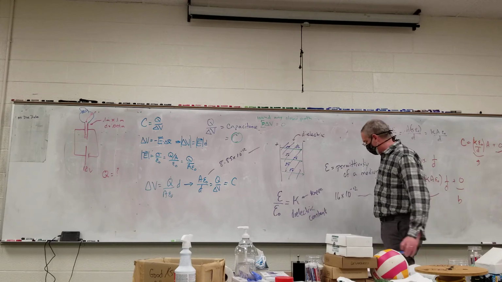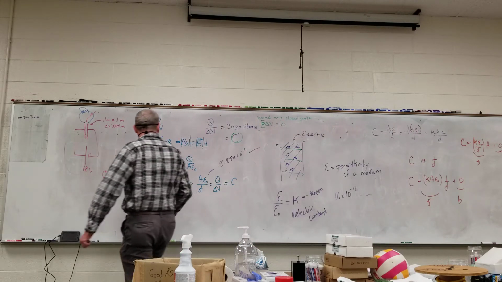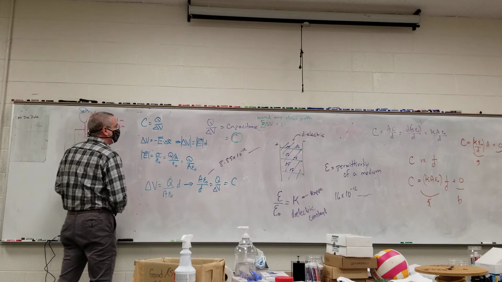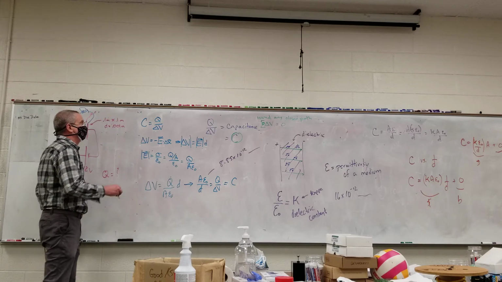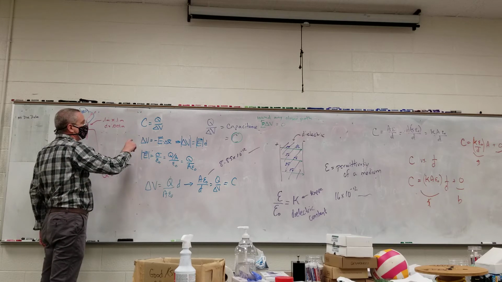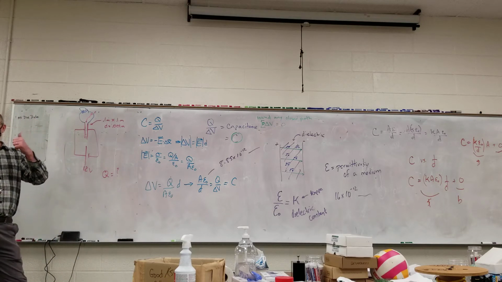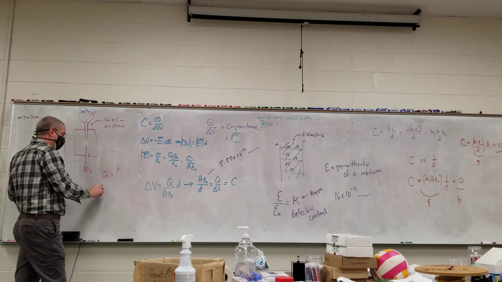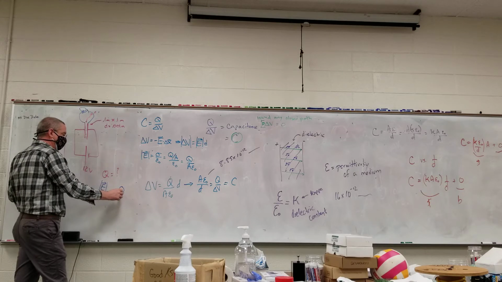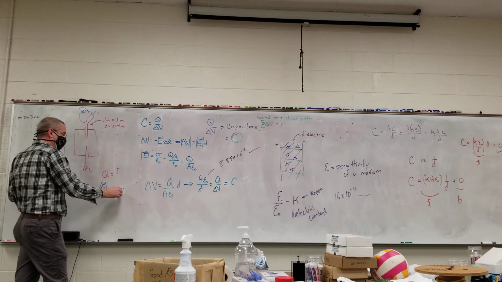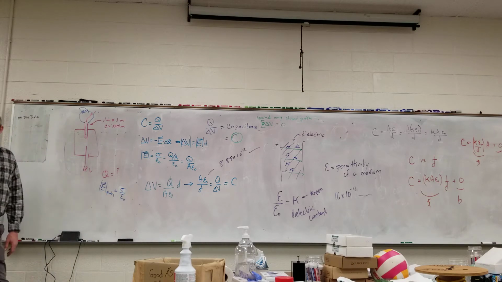So let's take a look at our equations. I have two electric fields here. I have an electric field coming from the plates themselves. So my electric field from the plates is still equal to sigma over epsilon sub naught, because I have some charge there, and the electric field coming from it just ignores the dielectric.